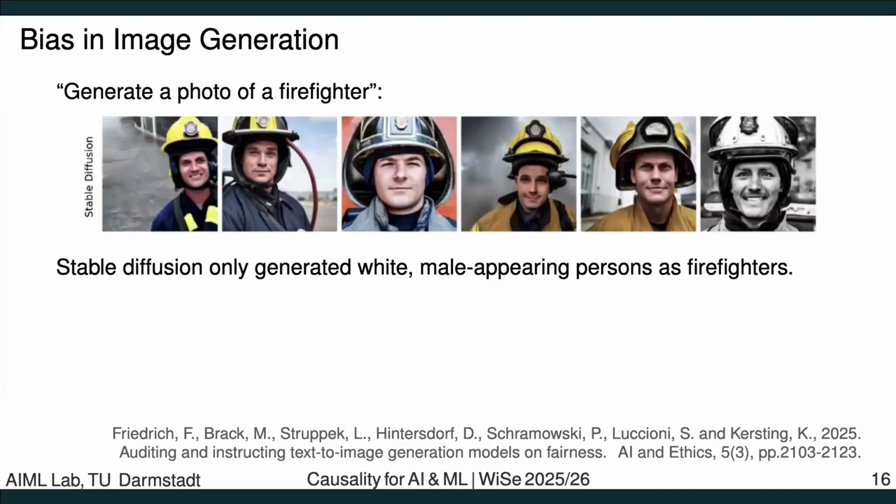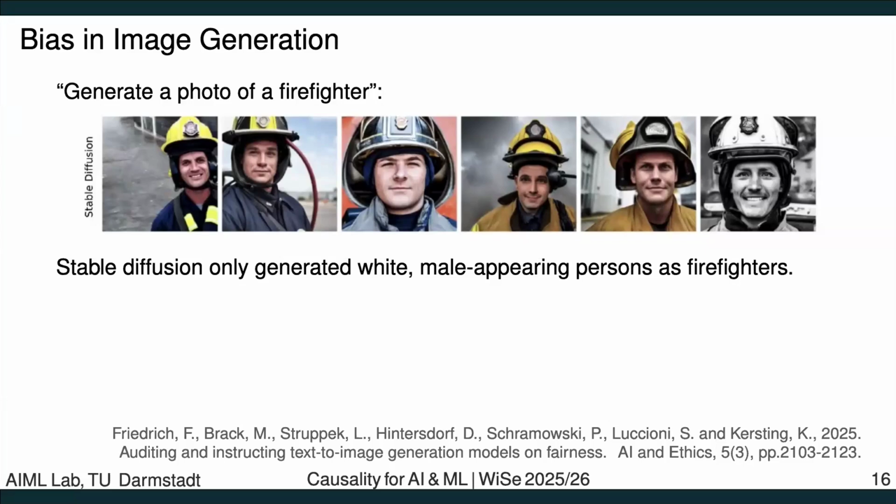So maybe another example to show you some images. It's always the same scheme, I guess. It's a Stable Diffusion model from some years ago, I believe Stable Diffusion 1.5, if you know that. The task was to generate a photo of a firefighter. And what you see is that all the generated photos are white, male appearing persons, usually in, I think, a US outfit or uniform.